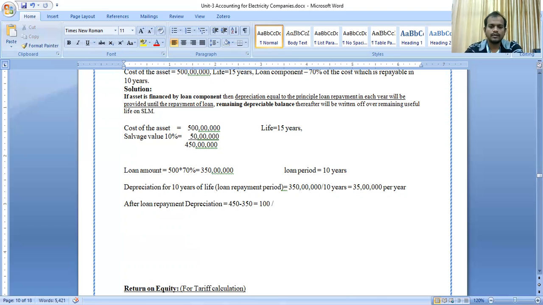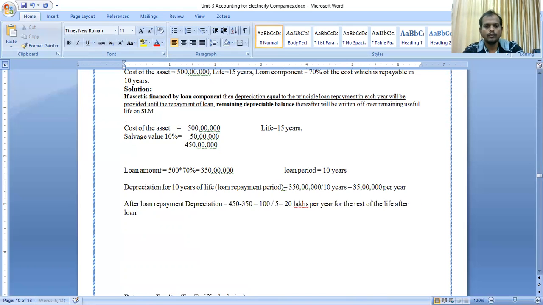This 100 lakhs, we have to provide depreciation for a period of 5 years, which is the remaining life of the asset. So it comes around 20 lakhs per year for the rest of the life after loan payment.